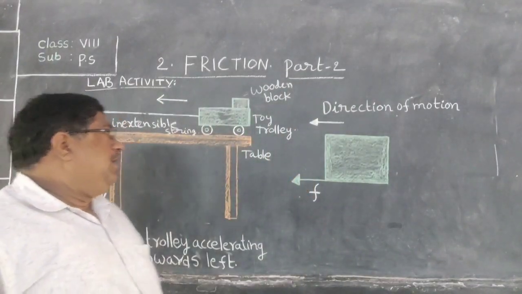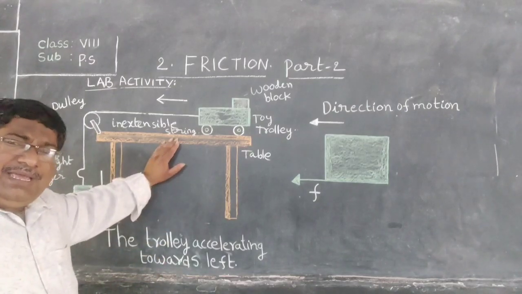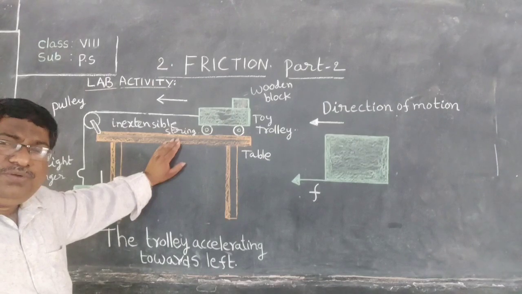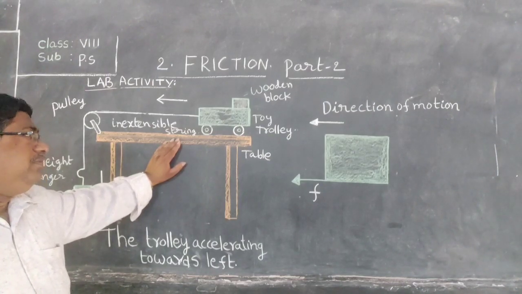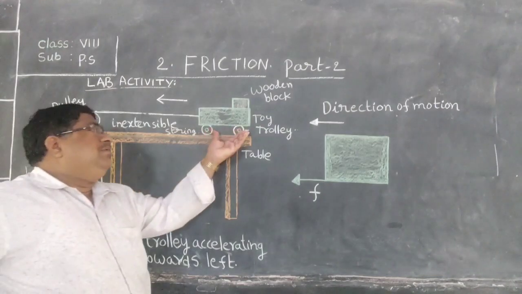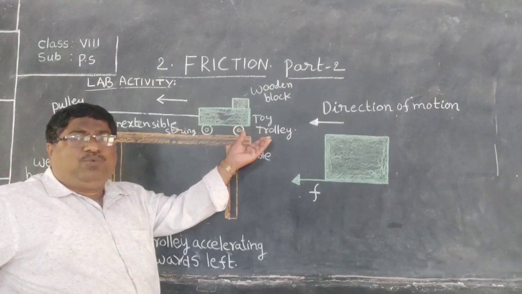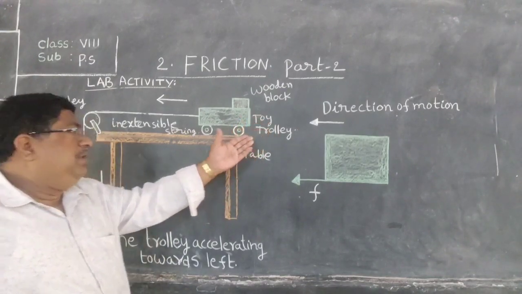Next, coming to the procedure. See the diagram, children. From this diagram we can write in our own words. Here, toy trolley means the trolley that children play with.